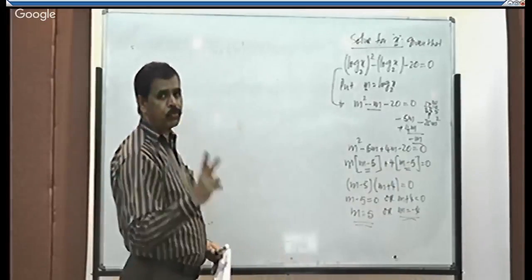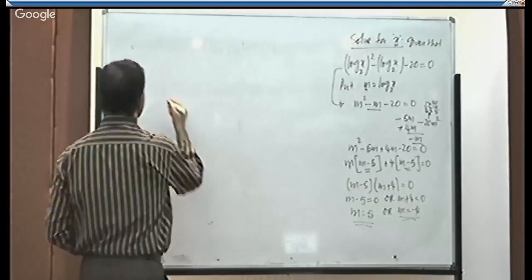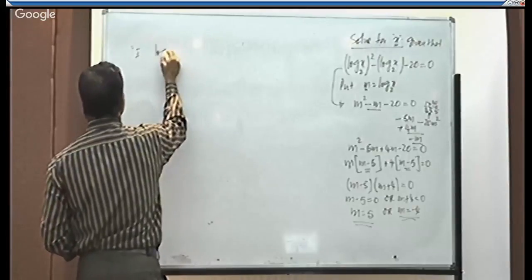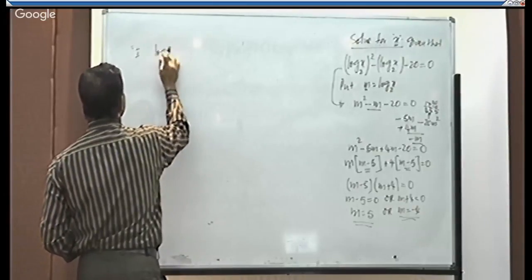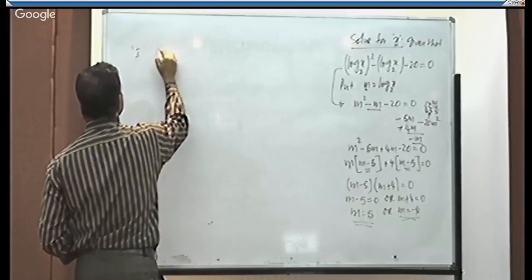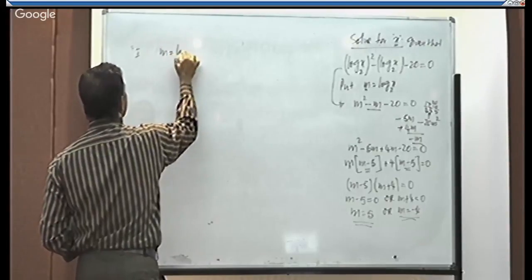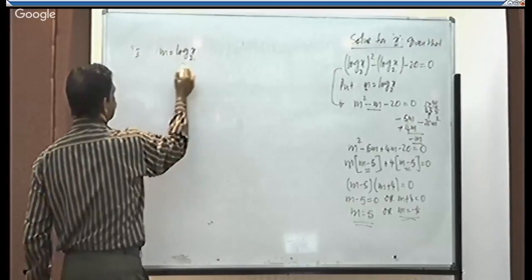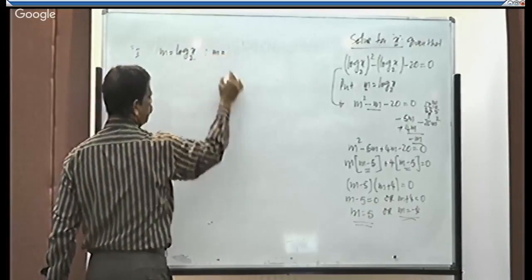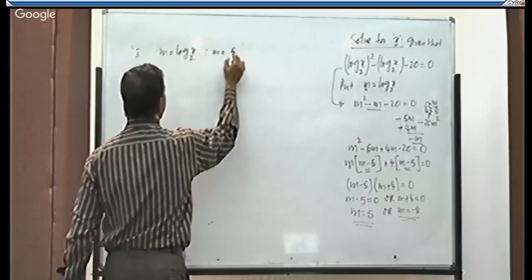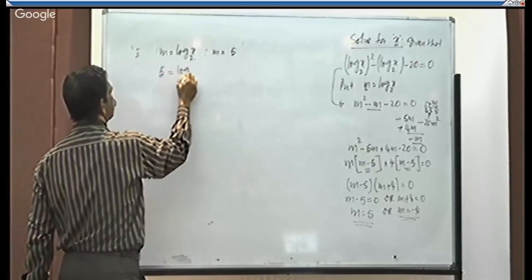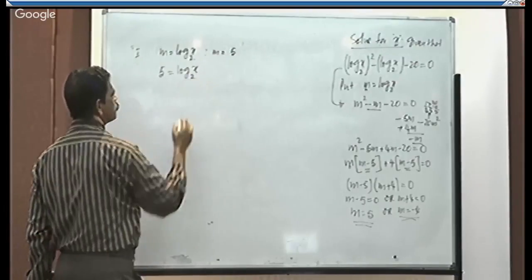We are getting two values of x. In the first case, m is equal to log of x to the base 2. So here m is equal to 5. 5 is equal to log of x to the base 2.